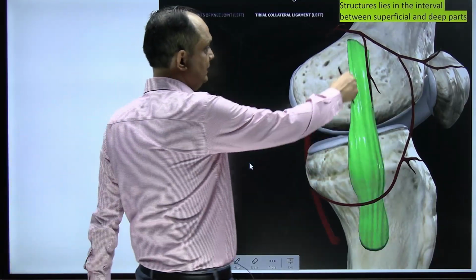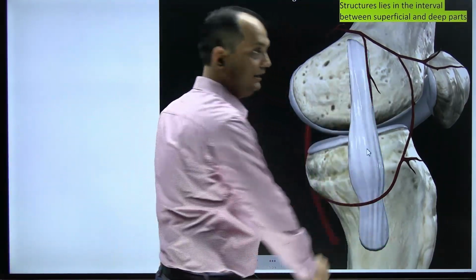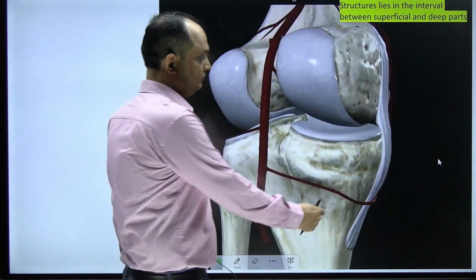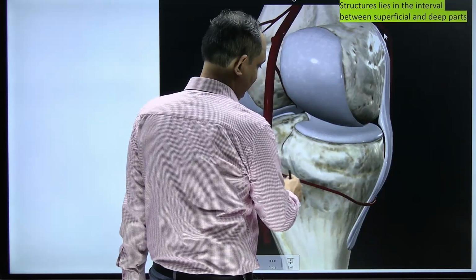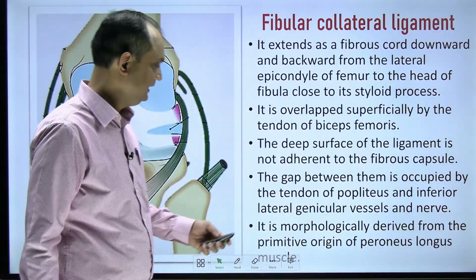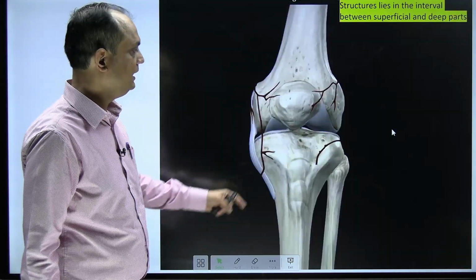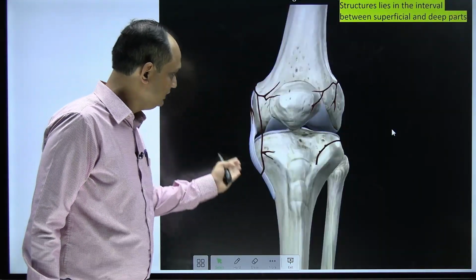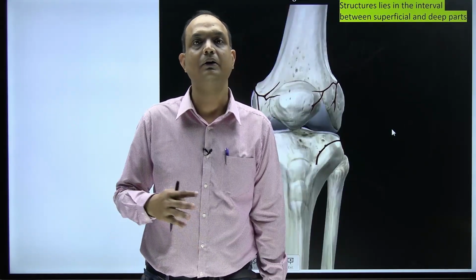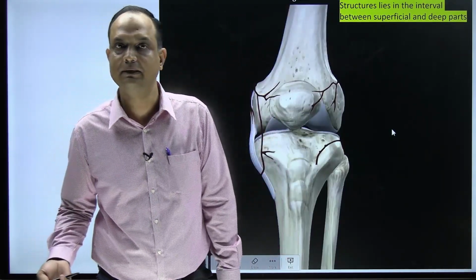Now here on the medial side you can see that this is the deep part of your tibial collateral ligament, and superficial to this deep part you have the inferior genicular artery. And over this you will have another layer, the superficial part of your tibial collateral ligament. Clear?